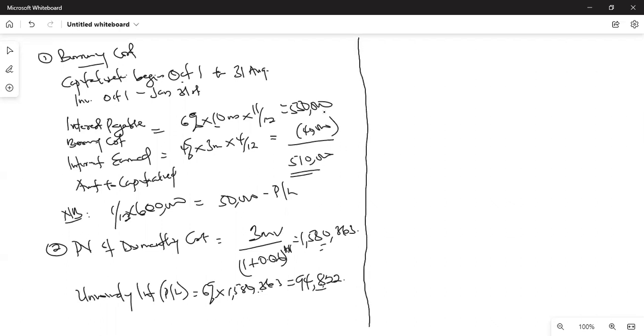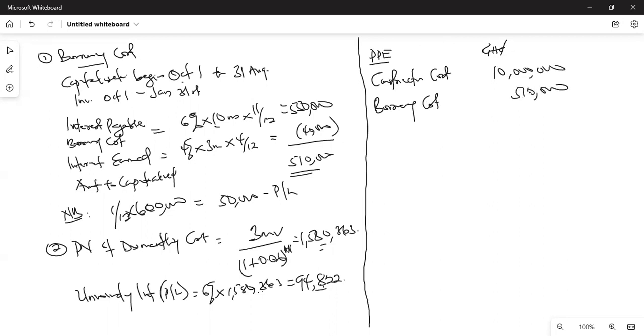If we now need to consider our PPE cost, we have construction cost, which is 10 million. We had our borrowing cost, which was 510,000.